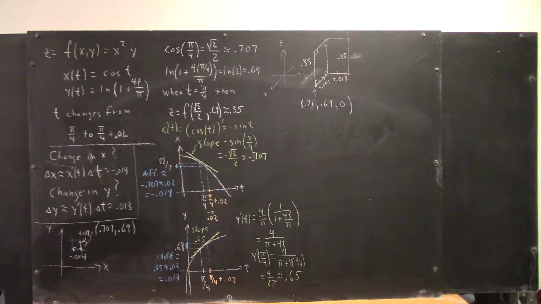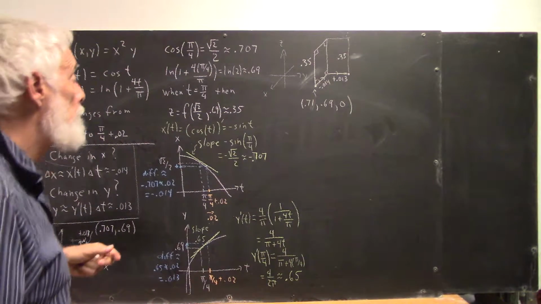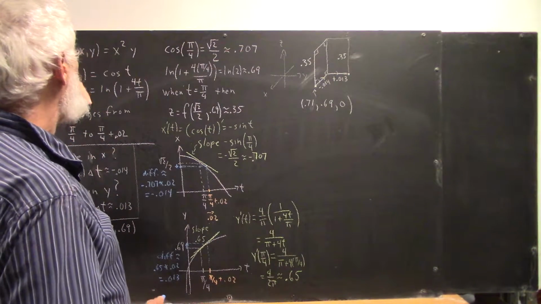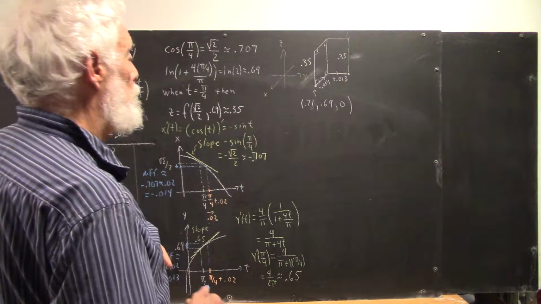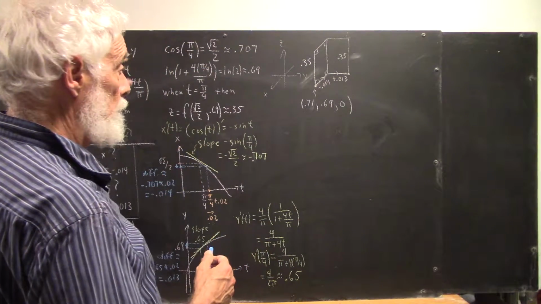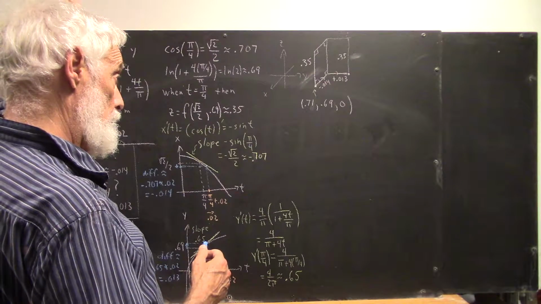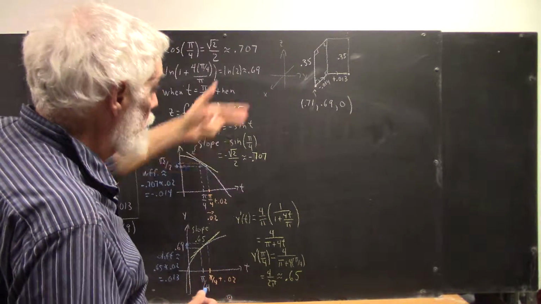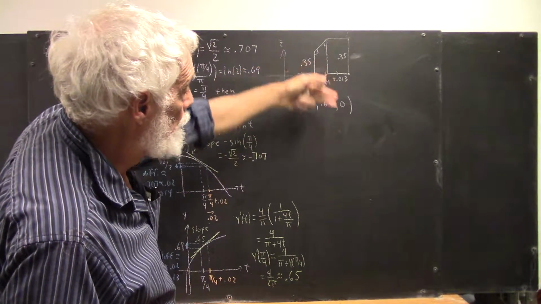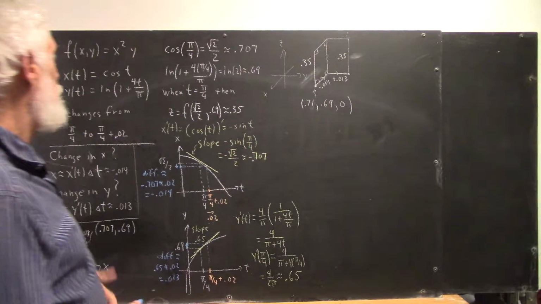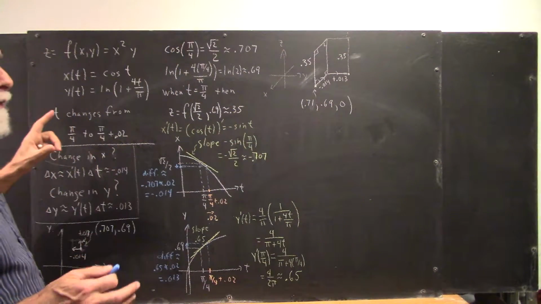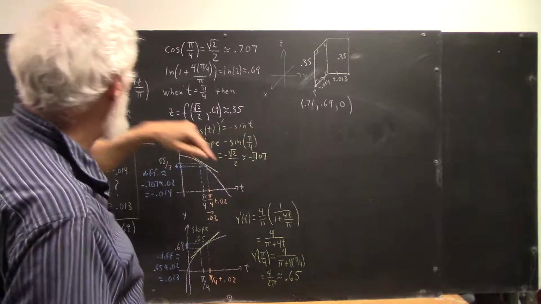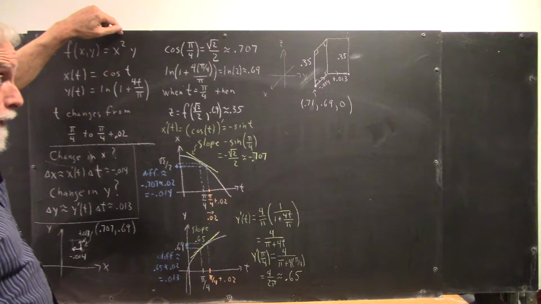So we've got this curve here, which is x squared y from this point, okay? In the plane through this point, our function is, okay, wait, I said our function was x squared y. If we hold y constant at 0.69, then the graph is 0.69 x squared. Okay.